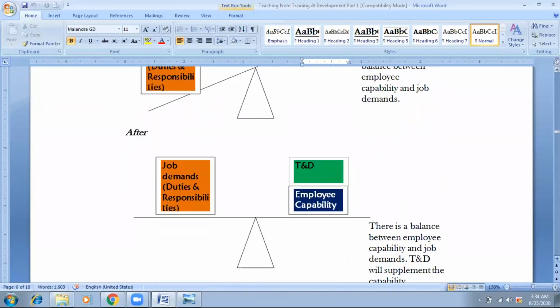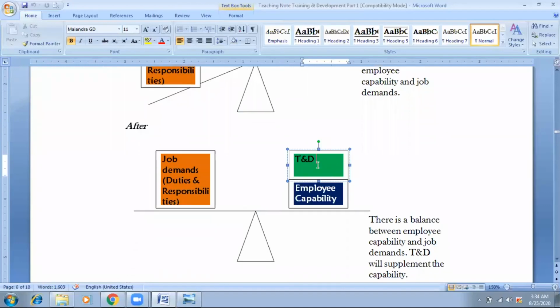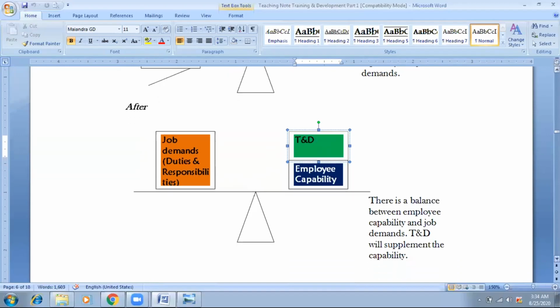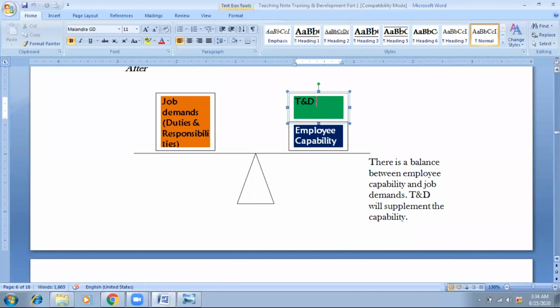T&D gives that. The capability deficiency will be removed by T&D. I hope you understood. Then there's a balance.